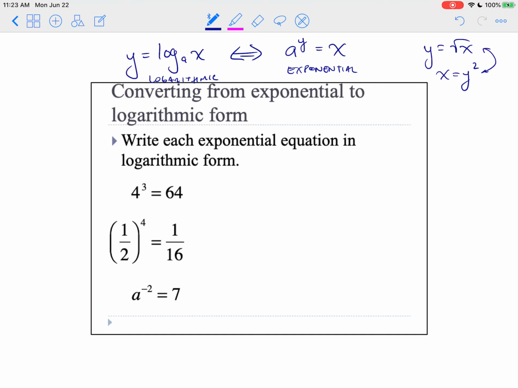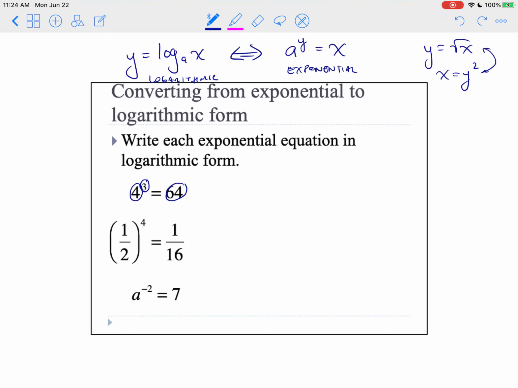So in this case, we have 4 to the 3 equals 64, which is a true statement. We just want to rewrite it as a logarithm. So look at what we have. In this case, a is the 4, y is the 3, and x is the 64, just looking at this exponential form up here.